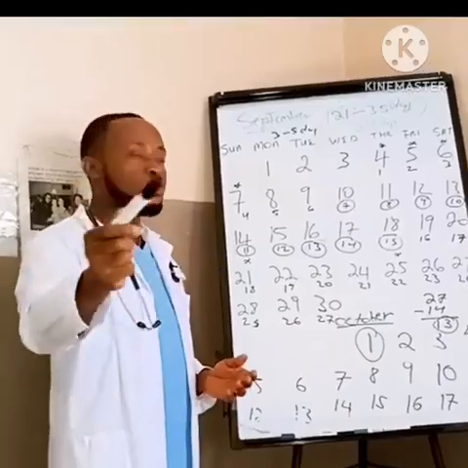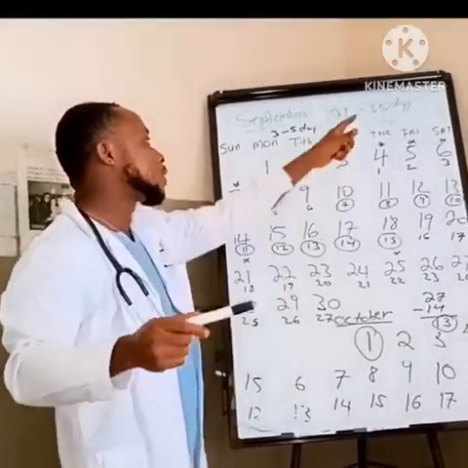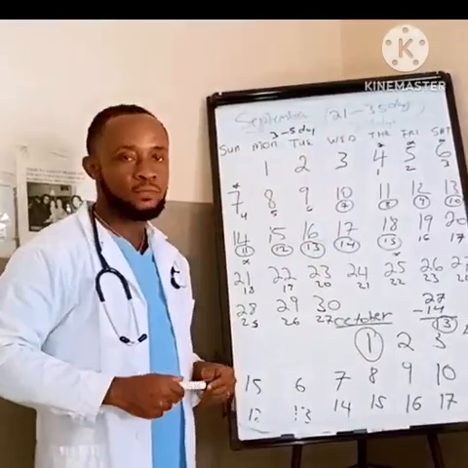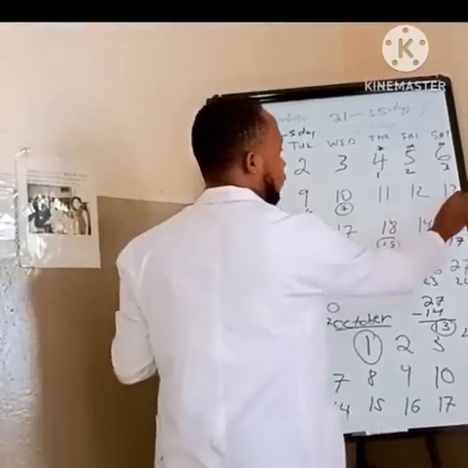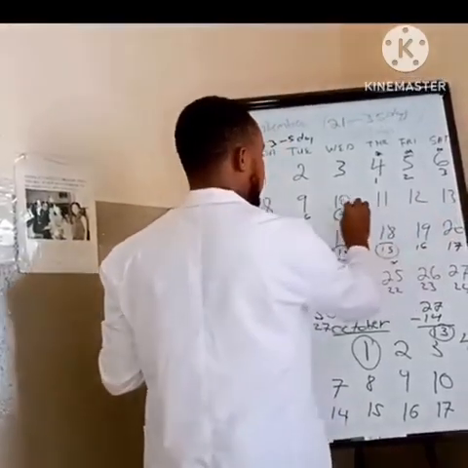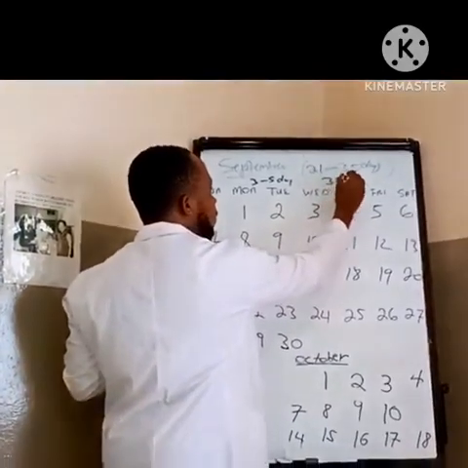Let's do one for a 35 days cycle length. So we say 35 days.